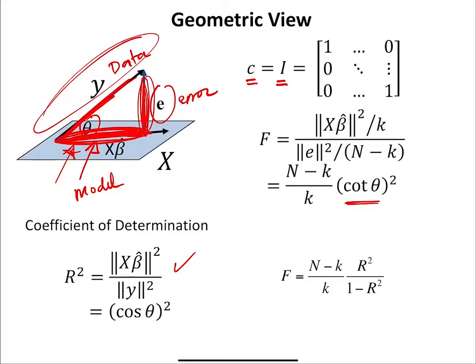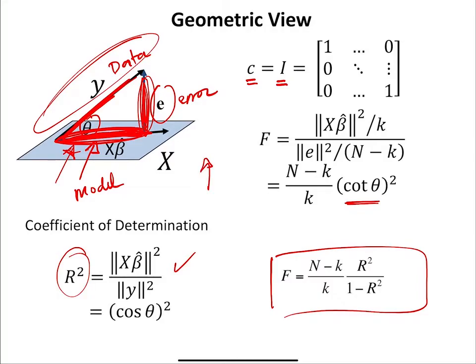Okay, it's the ratio of those two, which is basically the cosine square root of theta. Okay, so it turns out the f and the r are related. So the r squared, for example, gives you sort of what percent variance of my data can be explained by my model. Okay, so if r squared equals 1, then those two vectors will be totally aligned, and so that means all the data can be explained by the model.